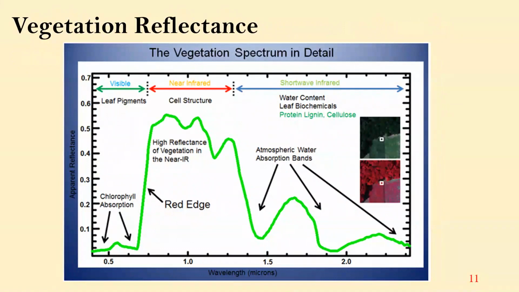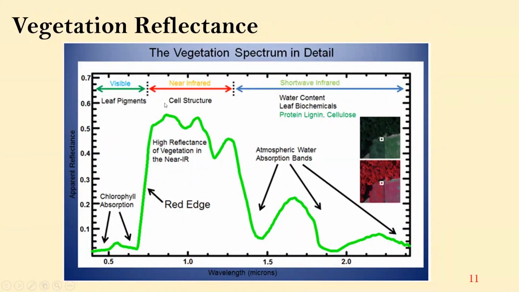So this is a typical example of vegetation reflectance. To see more in detail, as I said, in the leaf pigments and chlorophyll, absorption is more, whereas in the green portion you can see some reflectance.